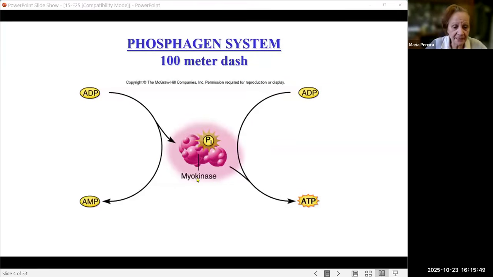Now there's another kinase called myokinase. Myo means in the muscle. What does this kinase do? It removes the phosphate group from ADP, adenosine diphosphate, and gives it to another adenosine phosphate to make ATP. So now the ADP becomes adenosine monophosphate.